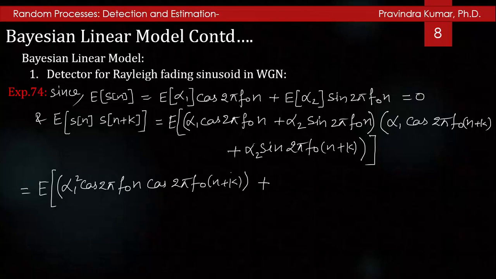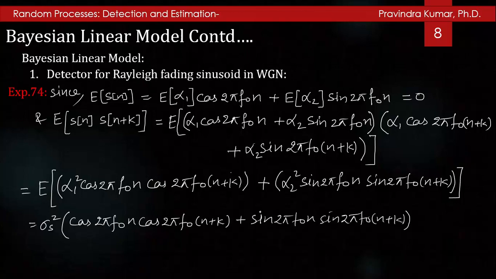and it will be equal to the expected value of alpha 1 square cos 2 pi f0 n cos 2 pi f0 (n plus k) plus alpha 2 square sin 2 pi f0 n sin 2 pi f0 (n plus k).